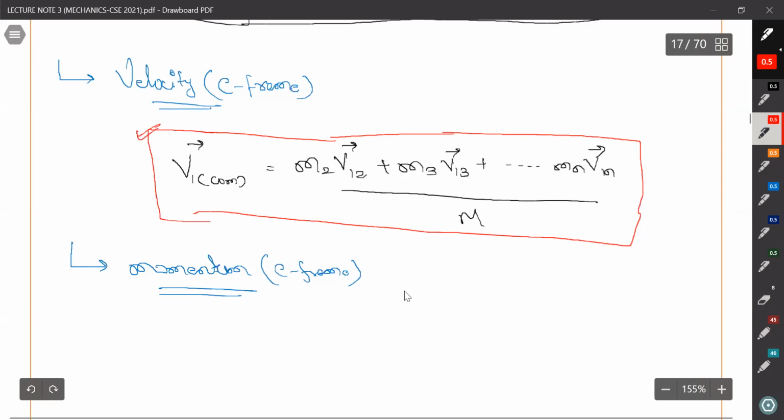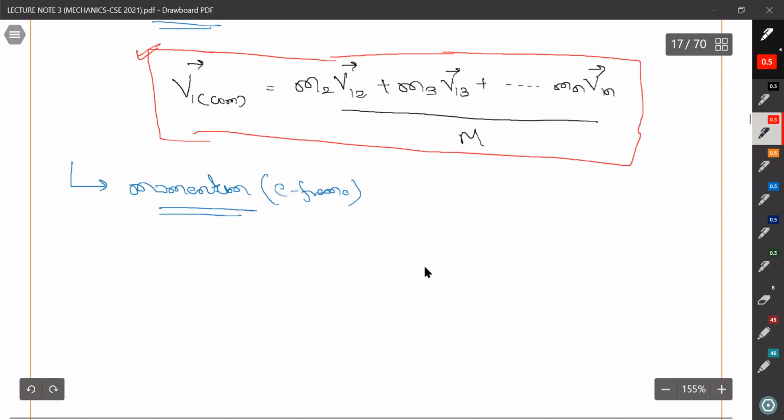Also, we have studied the property of collinearity above. So what we have to do is multiply this by m1. So p1 with respect to the center of mass is m1 v1 center of mass.